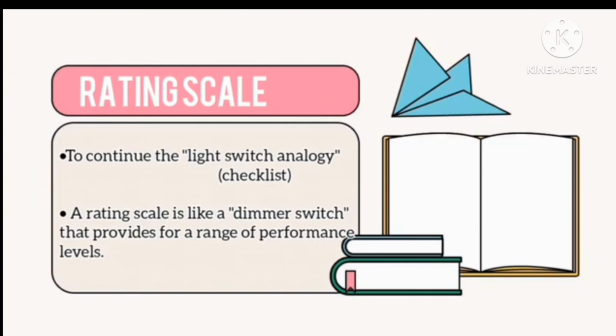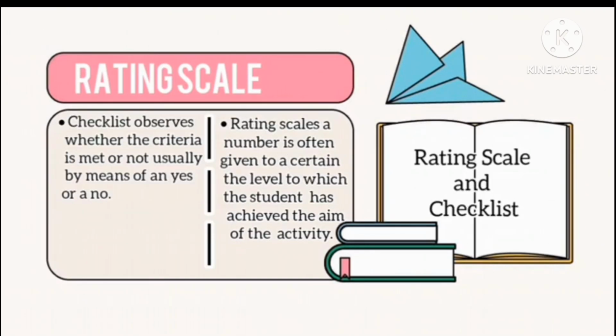If your performance is 3, then it is average. So the students must have great academic performance so that the teachers would rate you highly. A checklist observes whether the criteria is met or not, usually by means of yes or no, while in rating scales, a number is often given to a certain level to which the student has achieved the aim of the activity.